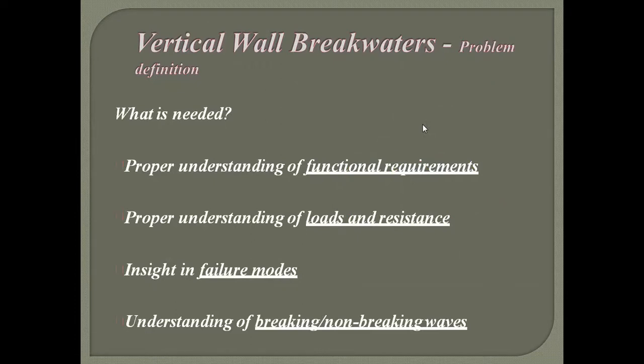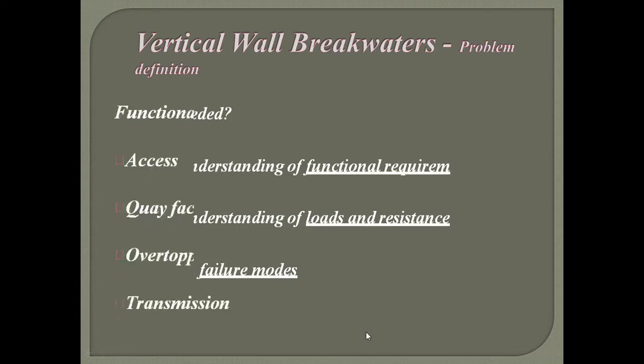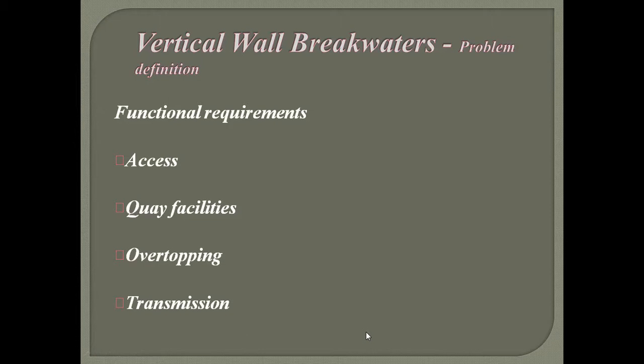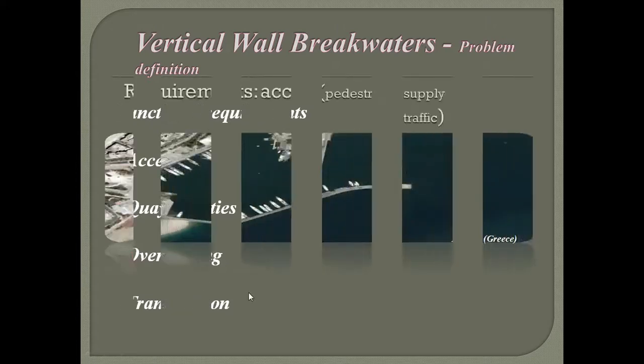How we are going to construct a vertical breakwater depends upon the functional requirement, load resistance, failure mode, and understanding of breaking and non-breaking waves. Depending upon the functional requirement, the access area is identified, quay facility, overtopping, and transmission while constructing a breakwater.